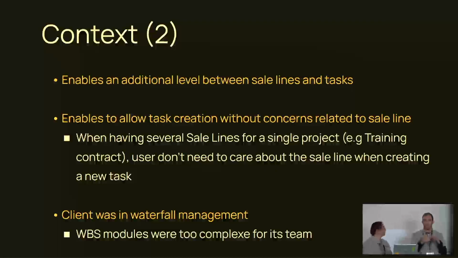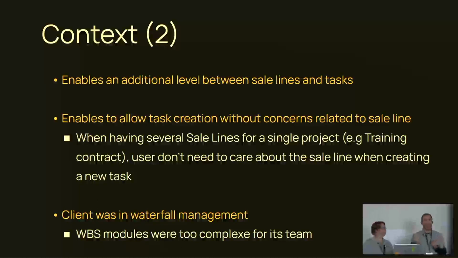Also, when you have a certain type of contract, such as a training contract, you may want to sell only one line in the sale order, but be able to have several tasks for that same sell line.